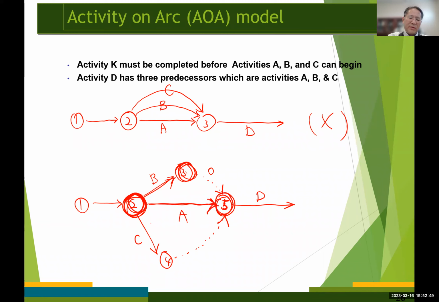Likewise, between these two events, only one activity is allowed. So in this case, we introduced dummy activities with zero duration. If I say this is dummy 2 and dummy 1 here, then both of them have zero duration.